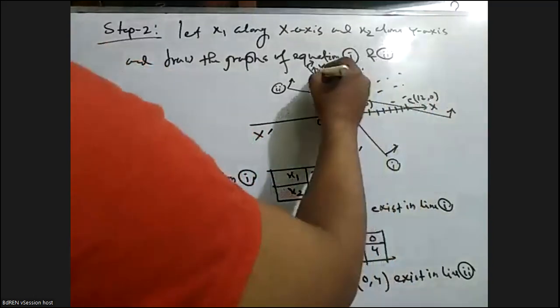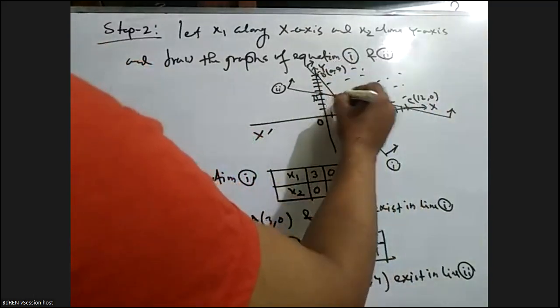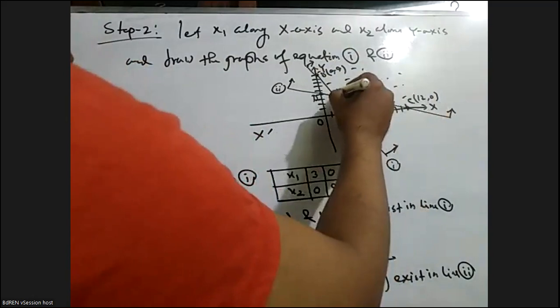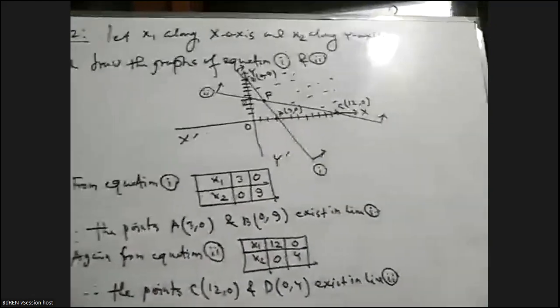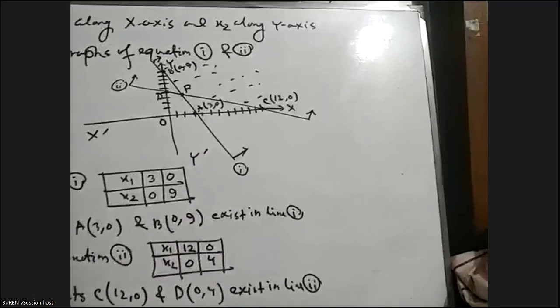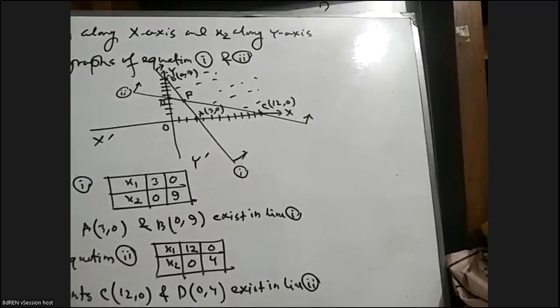Okay. How many corner points are here? Only 3 corner points. Suppose this point is F. Okay. And this F point can be found by solving equation number 1 and 2. How can we find the intersection point of line 1 and 2?